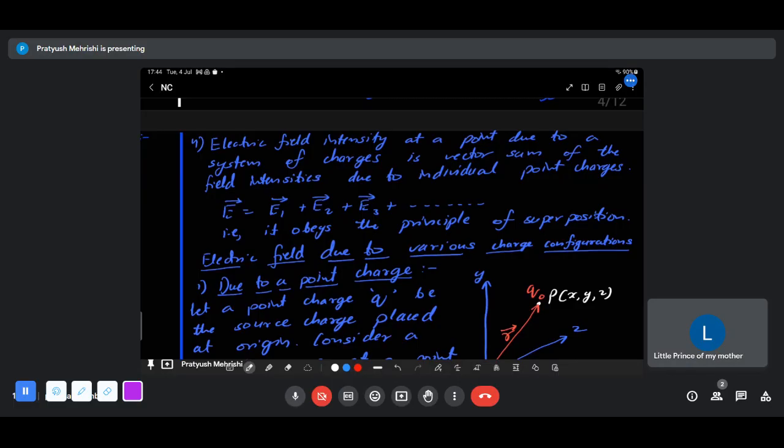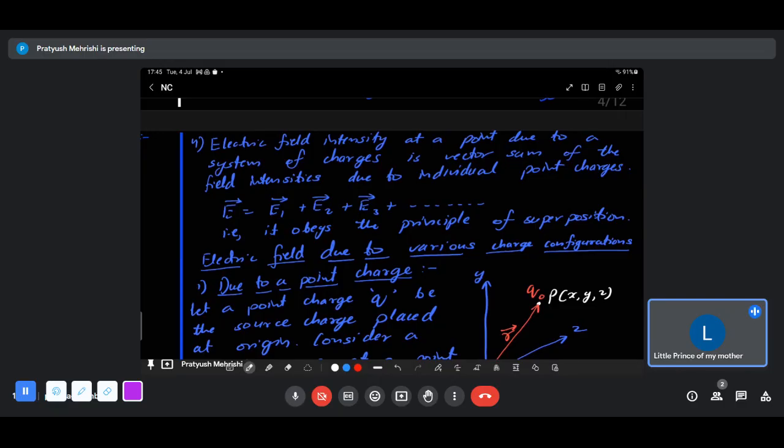We mean that the electric field at a particular point will be given by the vector sum of all the electric fields present due to different discrete charges at that point. Got it?